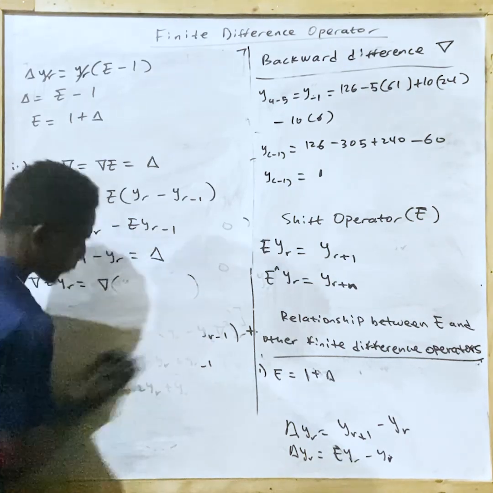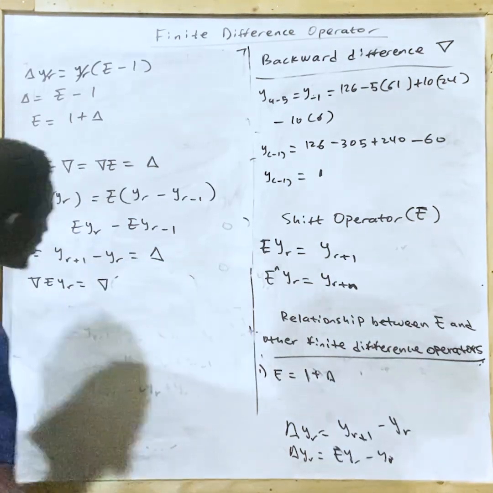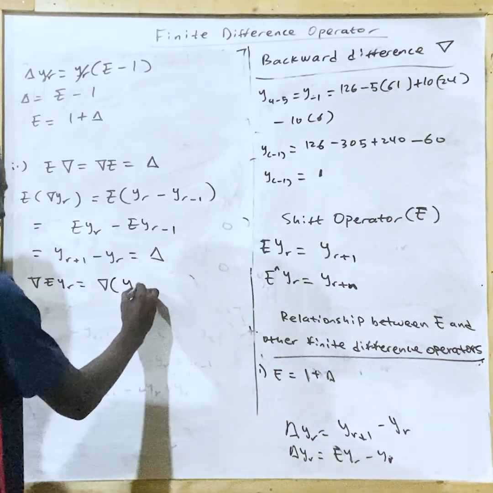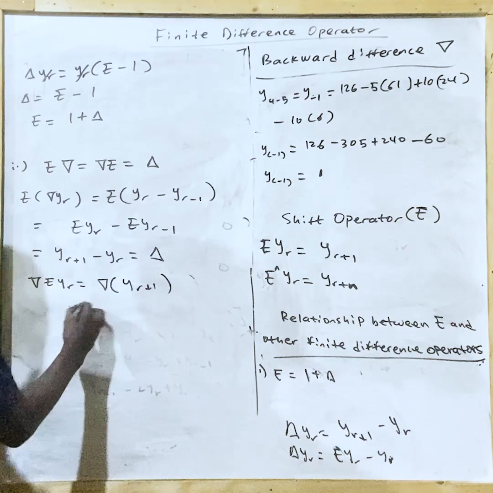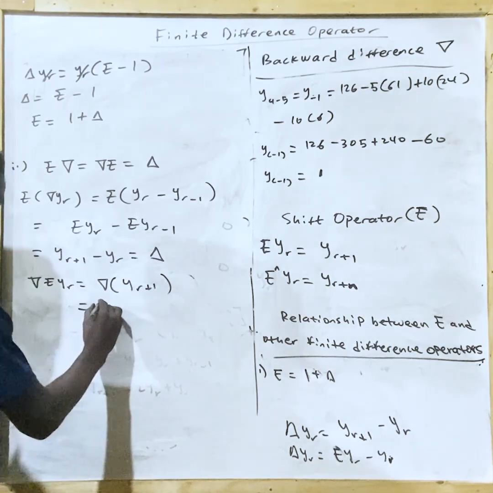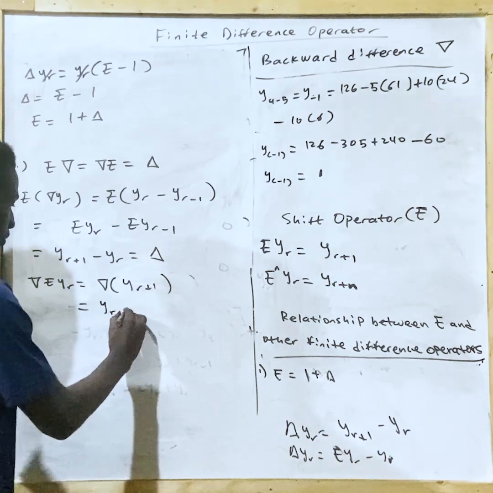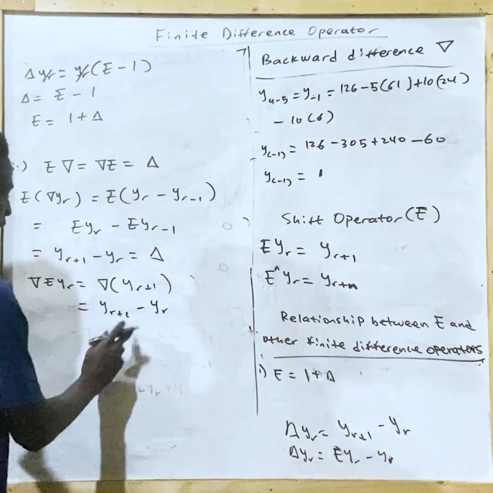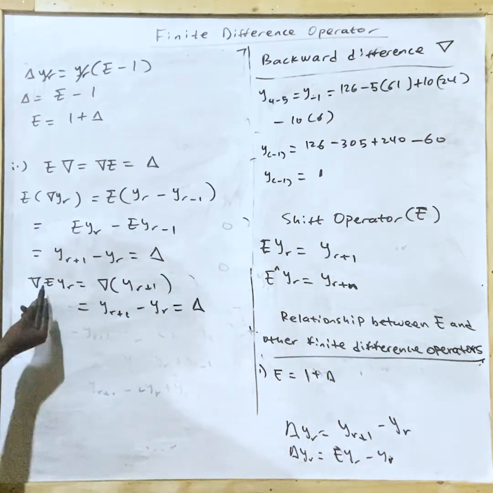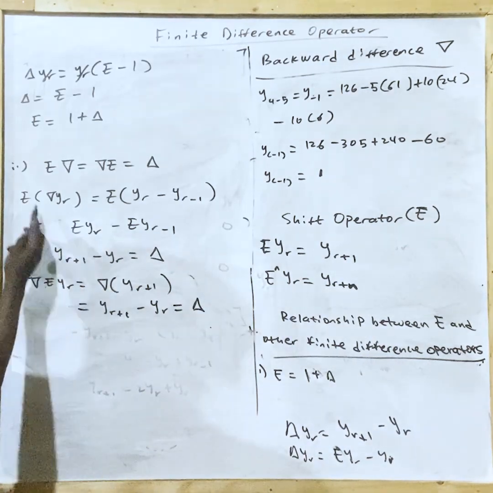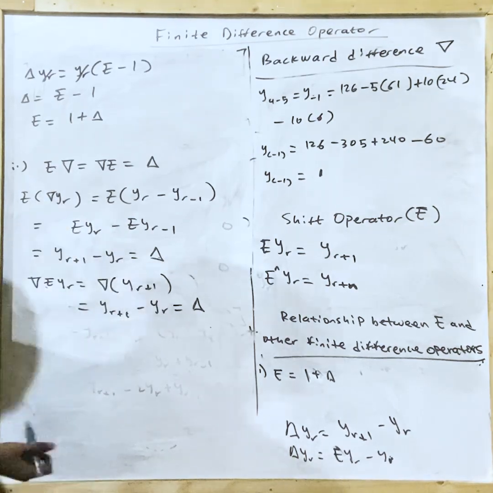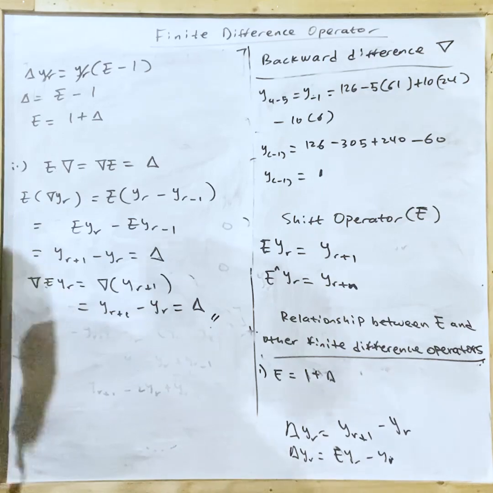What an error. From here, I was supposed to show that the shift operator is just yr plus 1. So what is the backward difference of yr plus 1? That's yr plus 1 minus yr, and this is actually the forward difference. So I've shown that this is equal to this, and this and this are equal to each other. So yes.